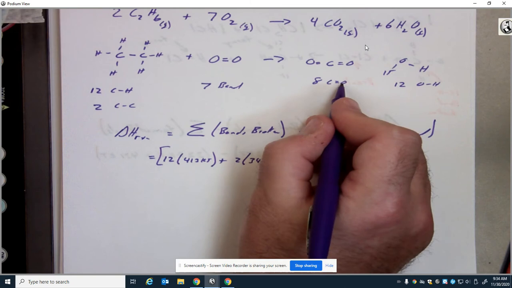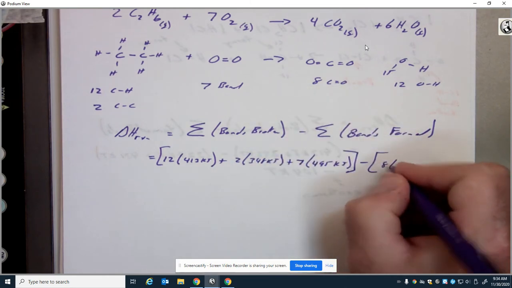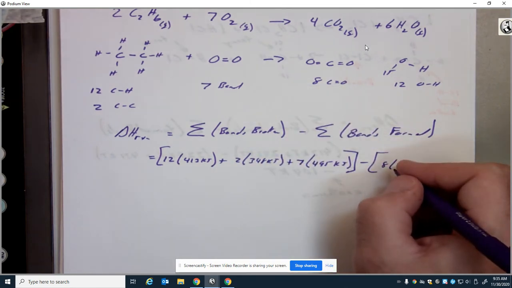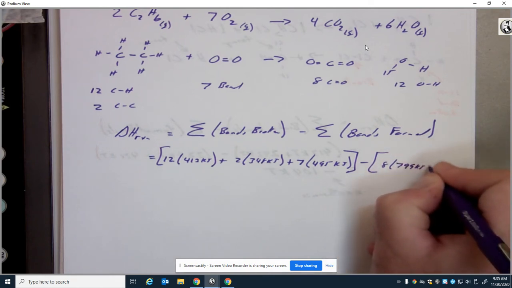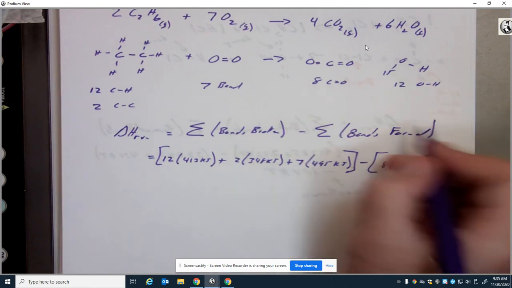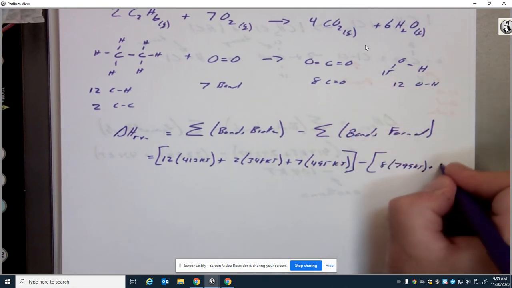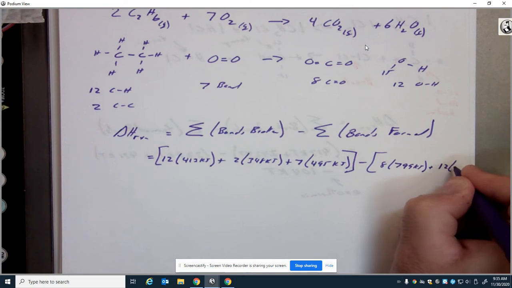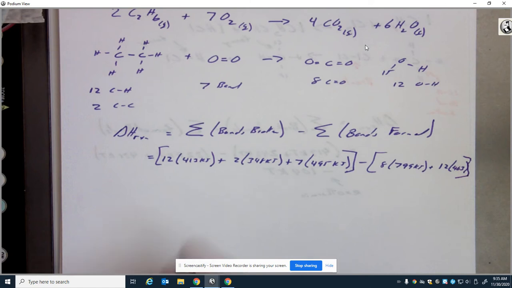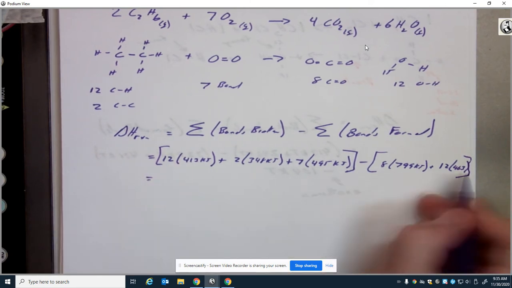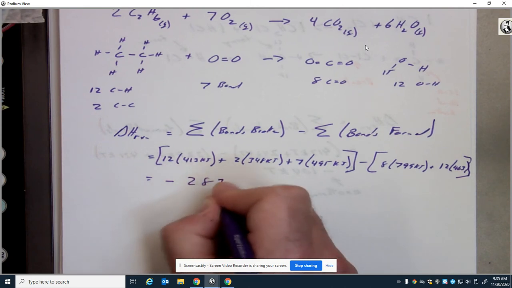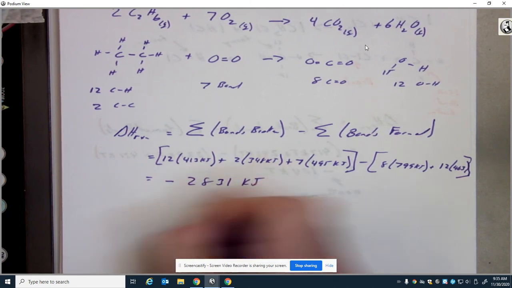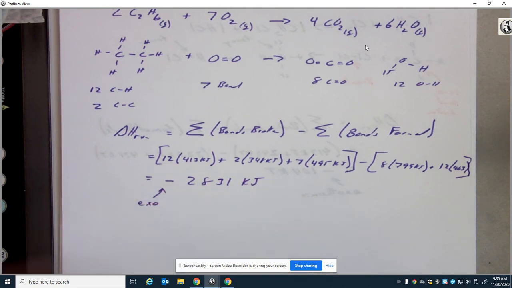So we have 8 carbon-oxygen bonds, 8 times 799, plus 12 oxygen-hydrogen bonds, and that's 463. And we add all that together and subtract, we get negative 2,831 kilojoules. Okay, and it is definitely very exothermic.